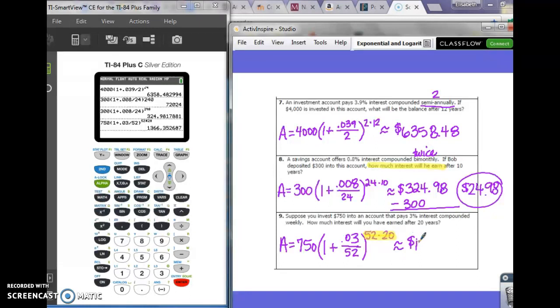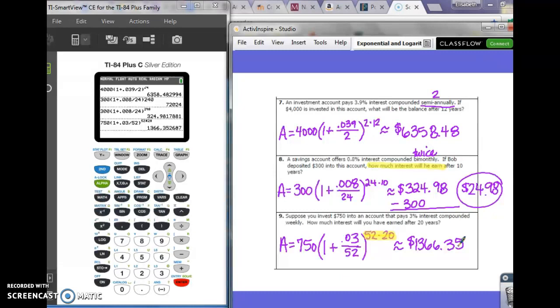Otherwise, you won't get the correct value of $1,366.35. So I encourage you, if you haven't taken the time to this point to enter any of these into your calculator, stop now and make sure that you can get this number 9 entered into your calculator correctly.